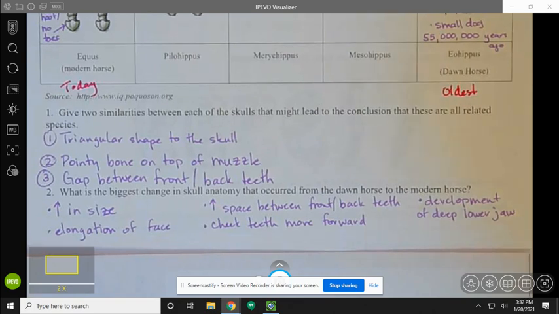The Dawn horse was about the size of a small dog, and the current horse, well, some of them are well above our head height. So we have a huge difference in the size between what the horse used to look like and what the horse looks like now. We also talked about the elongation of the face.